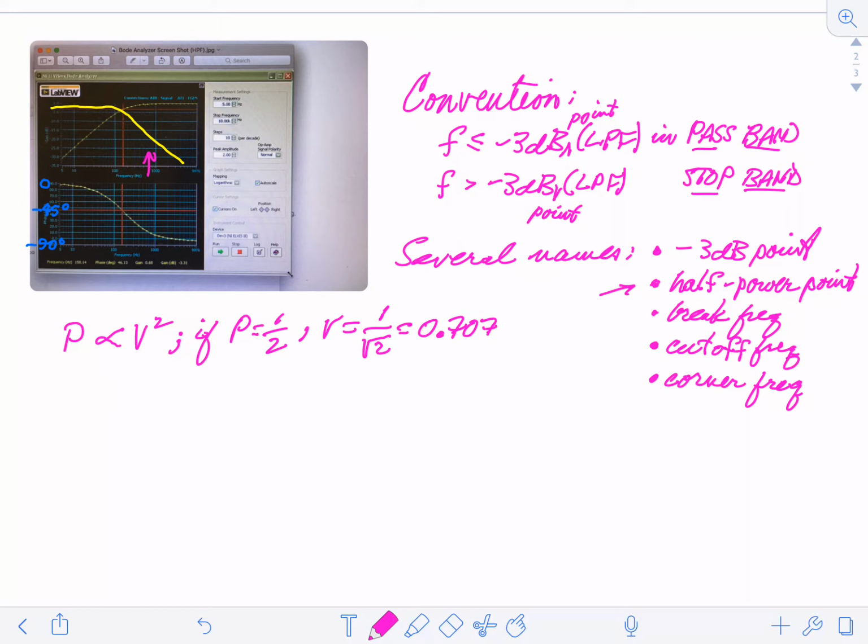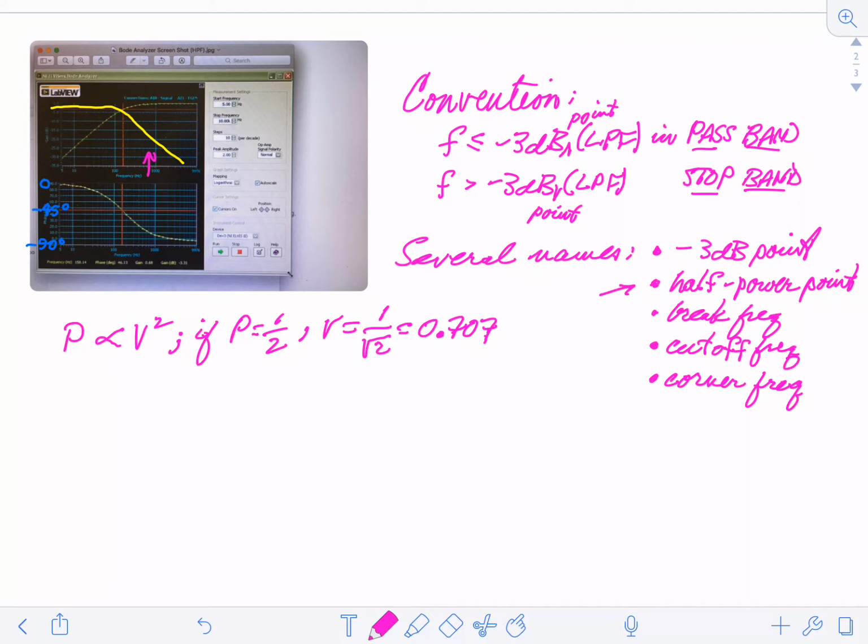And so the 0.707, the 70% point, is an important point because that is the half power point of the signal of the filter, and so that's where they're saying, above the half power point we're in the stop band, below the half power point we're in the pass band.